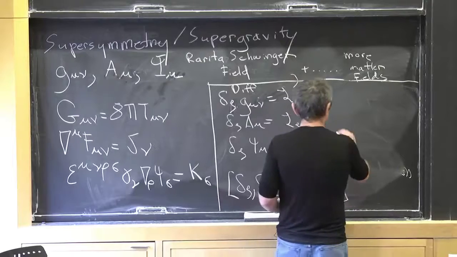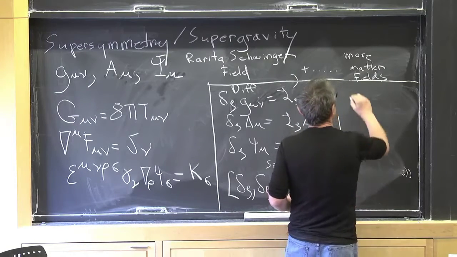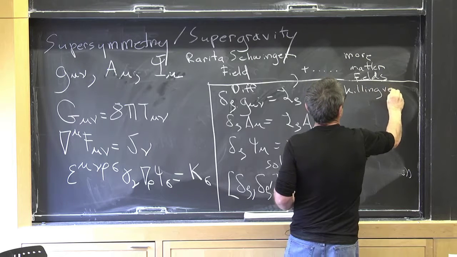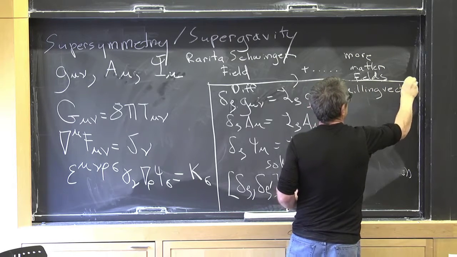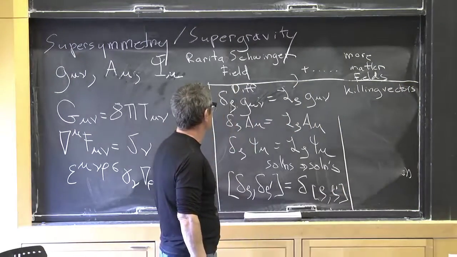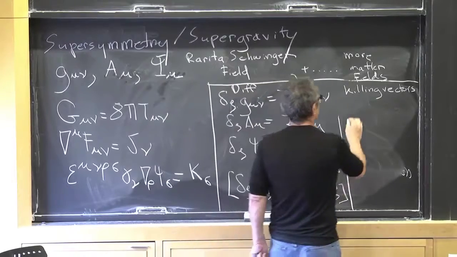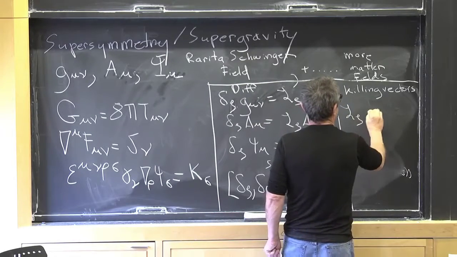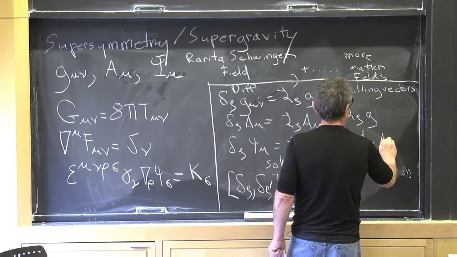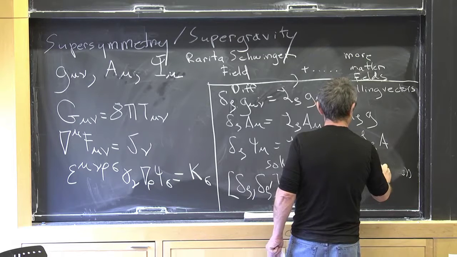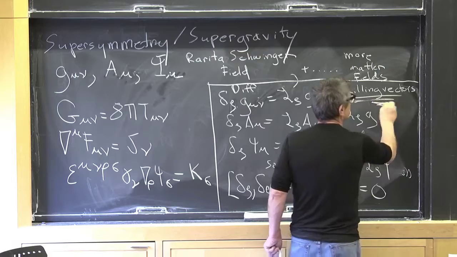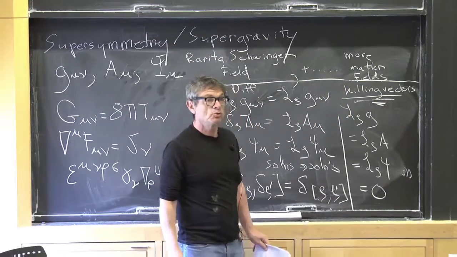And moreover, we are often interested in a special subset of all of these things for which L zeta g is equal to L zeta A is equal to L zeta psi is equal to 0. That's a so-called Killing vector. Those play a special role.